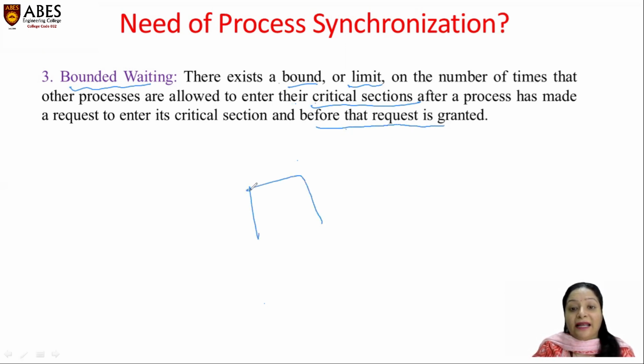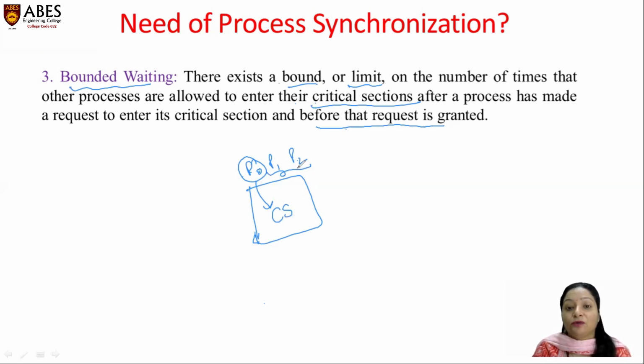It means that if more than one process is trying to enter the critical section, and one process gets the chance to enter, then it doesn't mean that this process can be repeatedly allowed to enter while other processes are not getting the critical section even for the first time. There should be a bound, a limit on the number of times a process can enter the critical section while other processes are also requesting it.